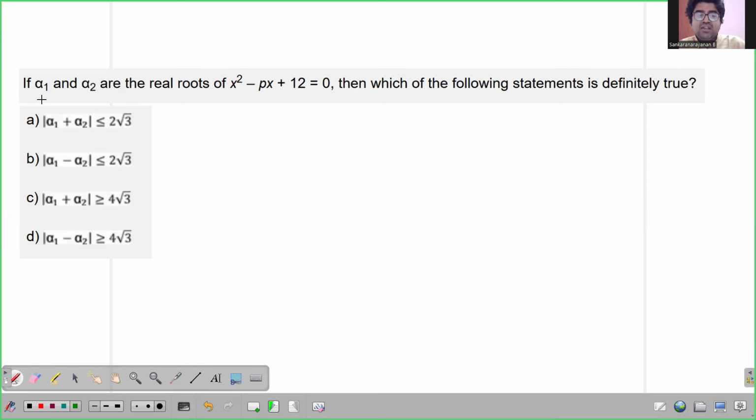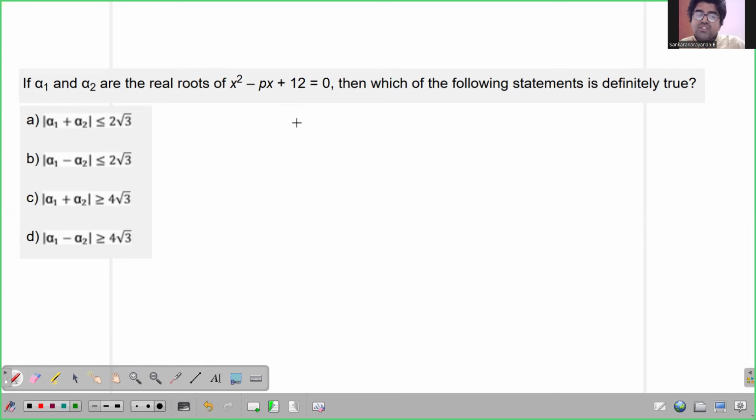Consider the question here. If alpha 1 and alpha 2 are the real roots of x square minus bx plus 12 equal to 0, which of the following statements is definitely true? See, they have told you that the roots are real. Roots are real means what?